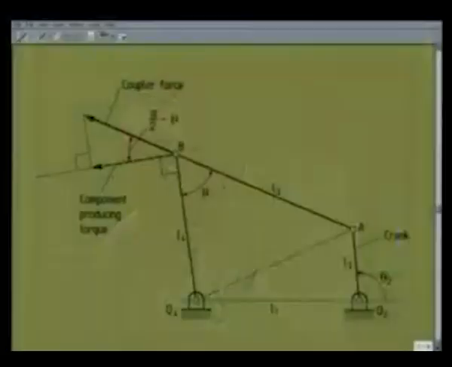This diagram shows a crank rocker linkage, namely O2, A, B, O4, and let O2A be the crank. As we said, if we assume that coupler AB is a 2 force member, then the entire force that AB exerts on the output member O4B is along the line AB.